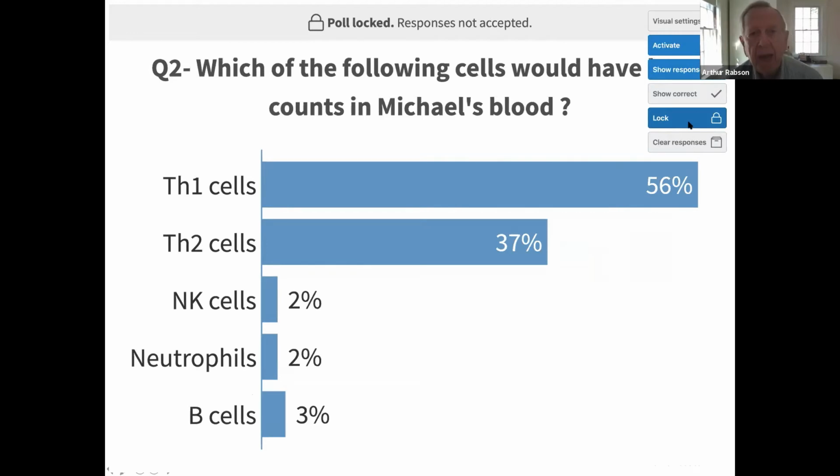And that is correct because the HIV virus hits the CD4 molecule, it attaches to it and gets into all cells with CD4 on the surfaces, which are Th1 and Th2. NK cells do not have CD4, B cells don't have CD4, and neutrophils do not have CD4.